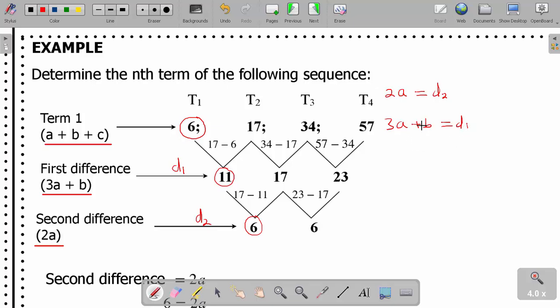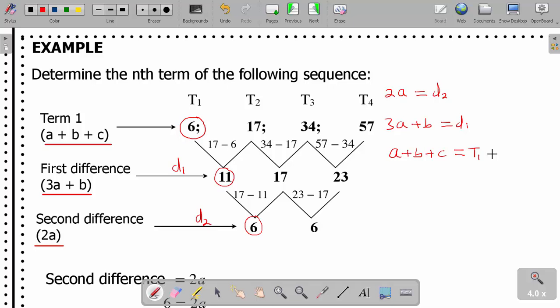Because you have the a here, you're going to come here to get your b. After getting your b and a, to get your c, use this last one, which is a plus b plus c, and equate it to the first term of that quadratic, that is T1.